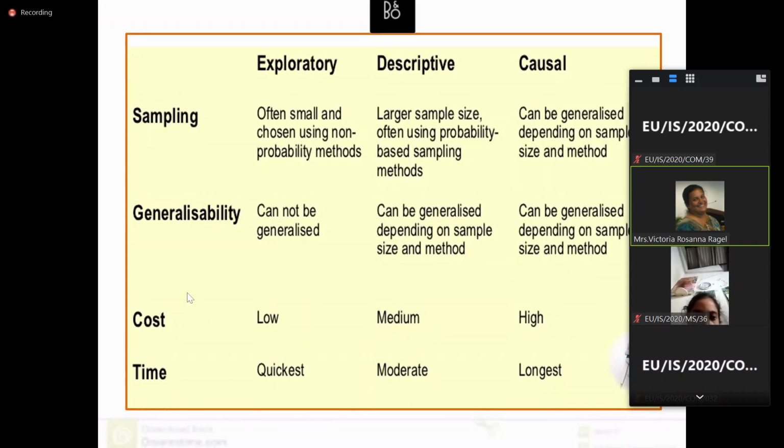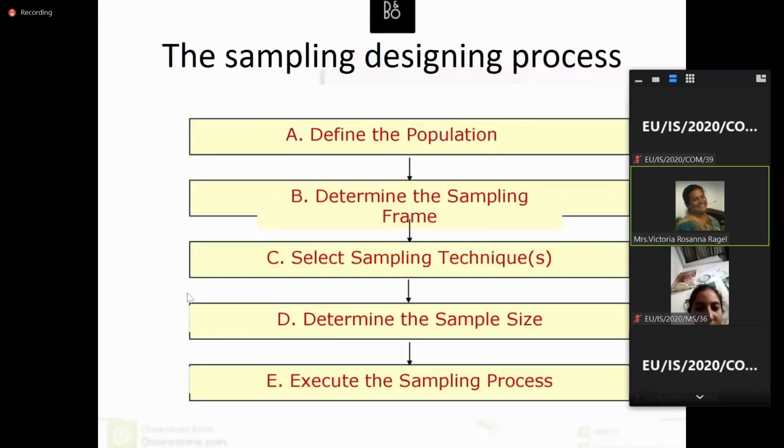Okay, right. So then coming to sampling, just for you to have an understanding. First, you have to get to the population where you are going to carry out the research, who are going to be the respondents, right?